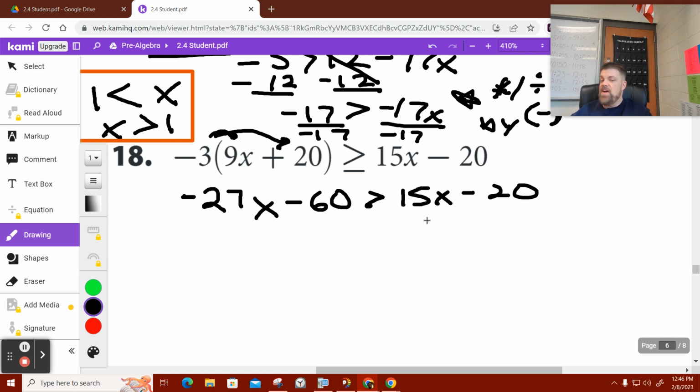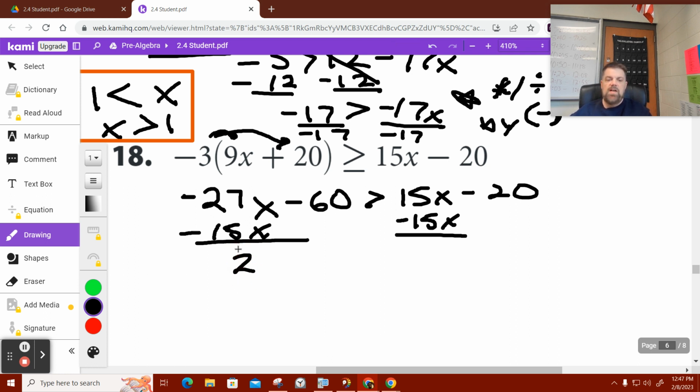But if I were to divide this by 15, what's 15x divided by 15? 1x. So I still have an x on this side. So subtracting 15x is what we need to do. Does that make sense? I think sometimes you guys just go, oh, I subtract something, and you just, no, do the math. If the math doesn't work out, try the other thing.